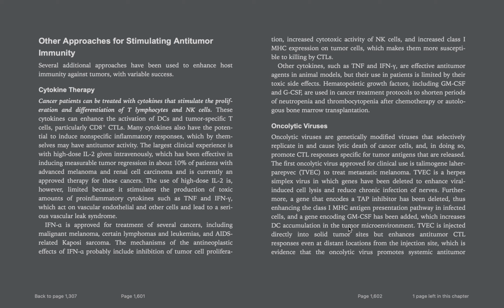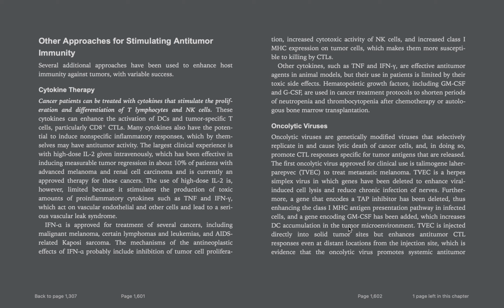T-VEC is a herpes simplex virus in which genes have been deleted to enhance viral-induced cell lysis and reduce chronic infection of nerves. Furthermore, a gene that encodes a TAP inhibitor has been deleted, which enhances the class I antigen presentation pathway in infected cells, and a gene encoding GM-CSF has been added, which increases dendritic cell accumulation in the tumor microenvironment.